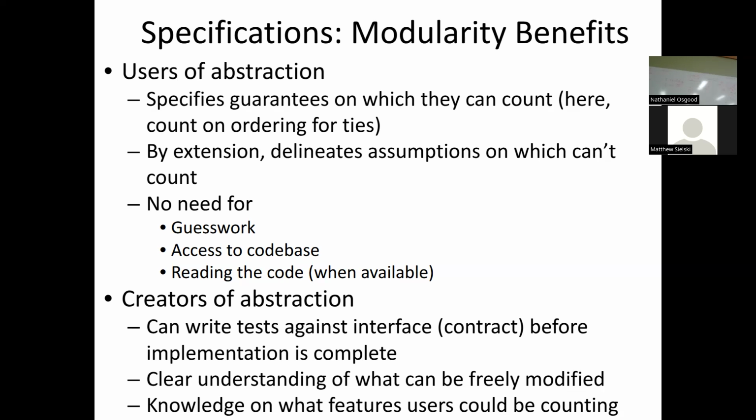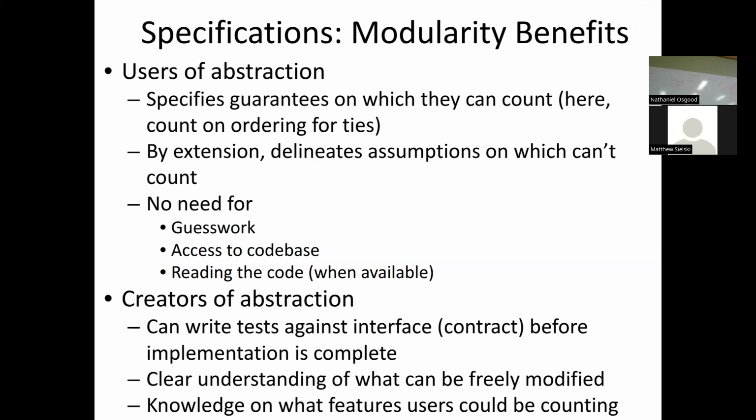But what's another reason that even if you could read the code, it doesn't provide guarantees for the users of this abstraction? I'm saying, even if they have access to your code, oh, it's open source, I can go look at it.